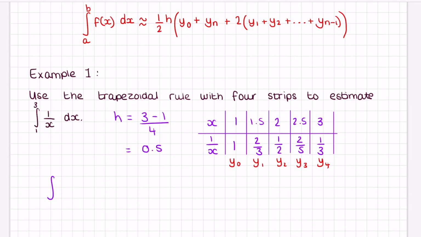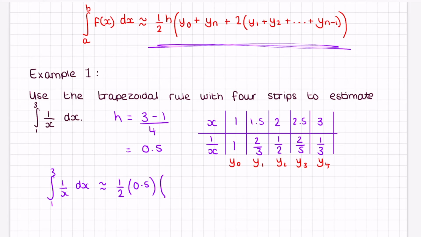We wanted to estimate the integral from 1 to 3 of 1 on x dx. Then we use our squiggly equal sign, and we use the formula. The formula here, I've just underlined it in purple just above. It starts off with a half multiplied by h. Our h is 0.5. Open brackets, we have y0 plus yn. That is our first and last values from our table.